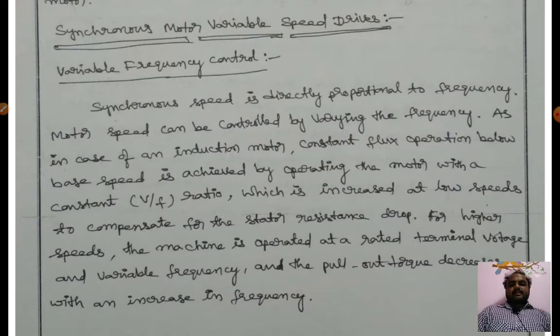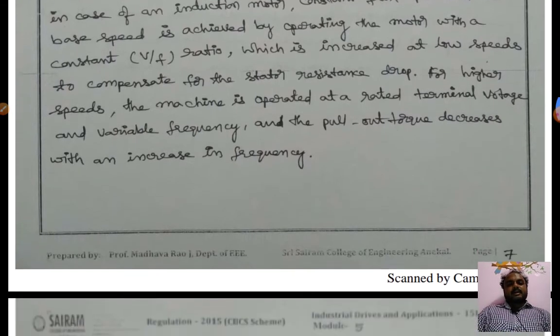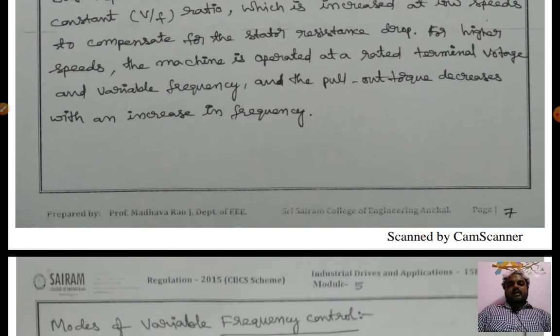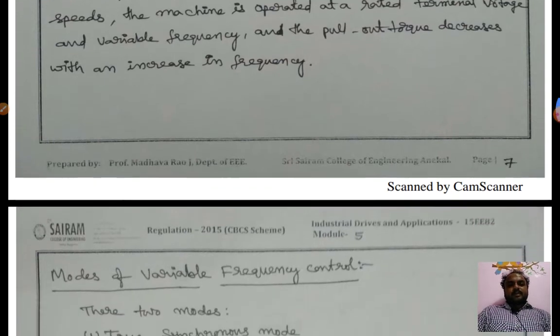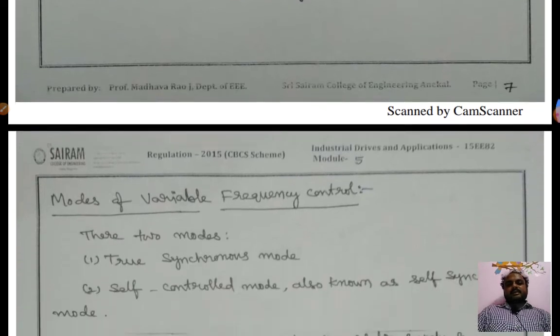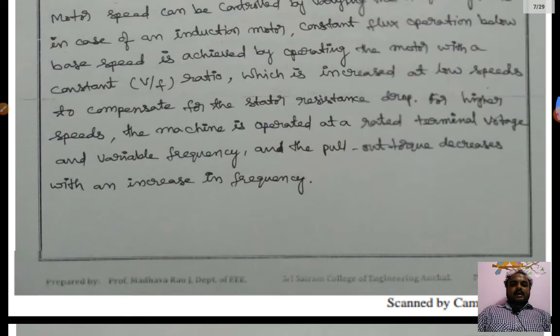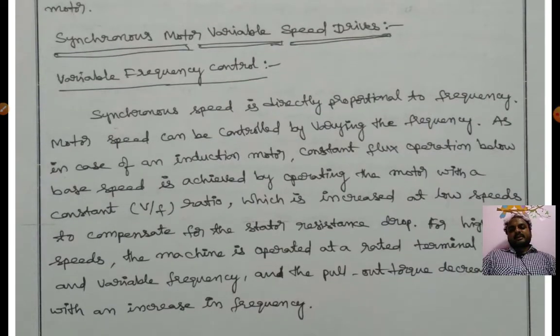As in the case of induction motor, constant flux operation below base speed is achieved by operating the motor with a constant V by F ratio, which is increased at low speeds to compensate for the stator resistance drop. For higher speed, the machine is operated at rated terminal voltage and variable frequency. The pull out torque decreases with the increase in frequency. So this is about variable frequency control.